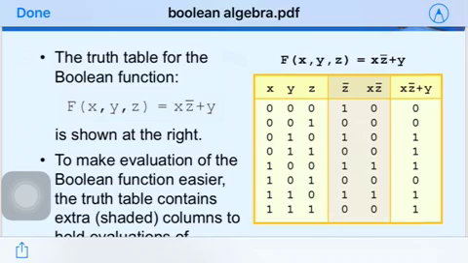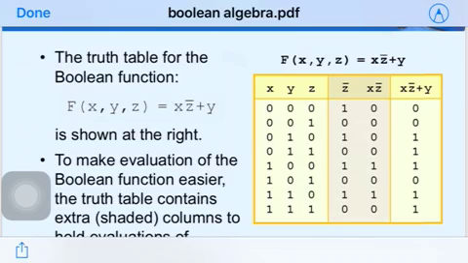Because x and z complement is in the expression, we will find x z complement. See the column x and the column z complement and do the AND operation on both columns. 0 and 1: if any one of the inputs is 0, the output will be 0 in AND operation. That is why the first value in x z complement is 0.